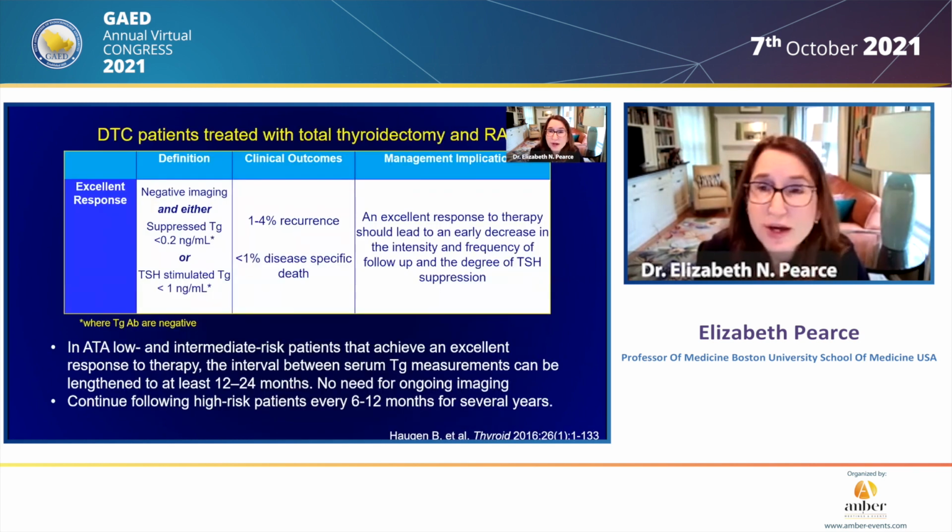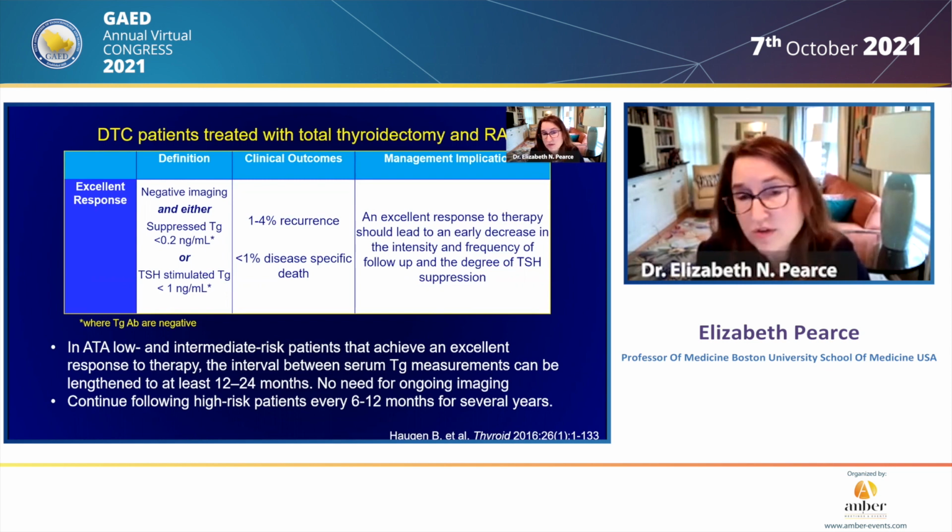Now, in patients who get total thyroidectomy and radioactive iodine treatment, we can use serum thyroglobulin as quite a sensitive marker, essentially for the likelihood of cure. So patients who have achieved an excellent response to therapy have no nodes on neck ultrasound or any other imaging, and have serum thyroglobulin that's essentially undetectable on TSH suppression, or a TSH-stimulated thyroglobulin that doesn't go above 1.